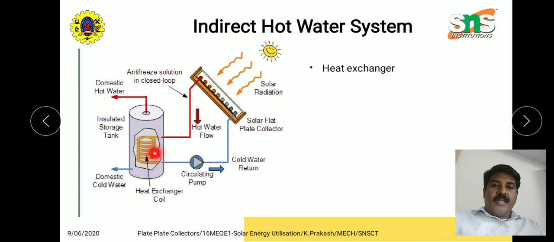Here there is a heat exchanger, which makes the water make contact and then the water can be heated. Instead of this heat exchanger, we can also use an electrical heater, without a solar heater, so that the water can be heated in this insulated storage tank.